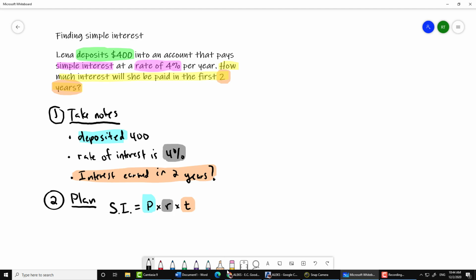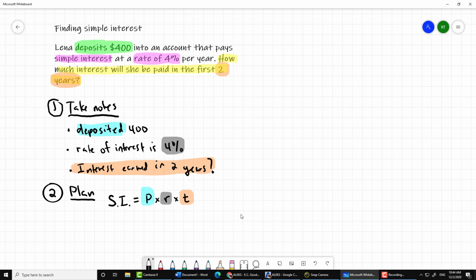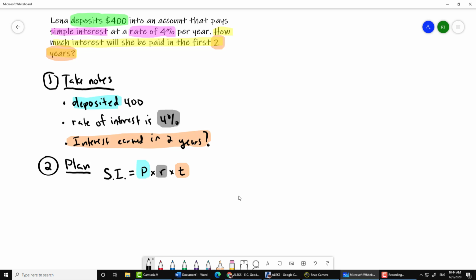And one thing I got to put a note of is that, let me just scroll down a little bit. The rate of interest has to be converted to decimal form. So that's one thing we have to do, convert it to decimal form. And then that's pretty much it. So the plan is to substitute all the information and then solve it.